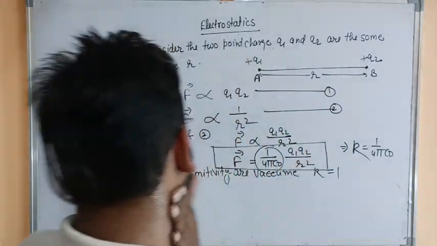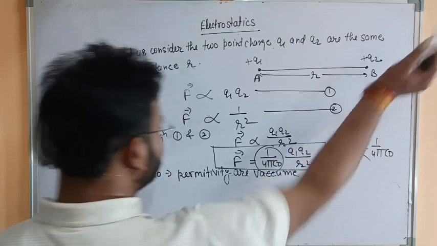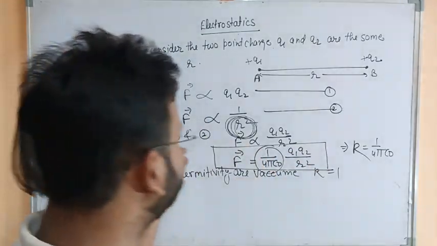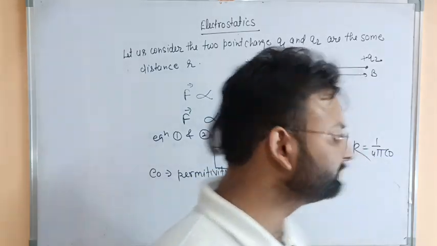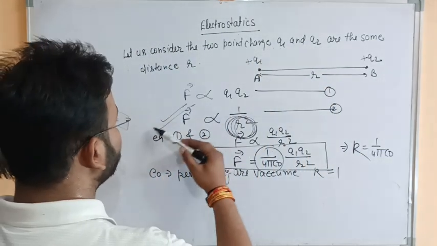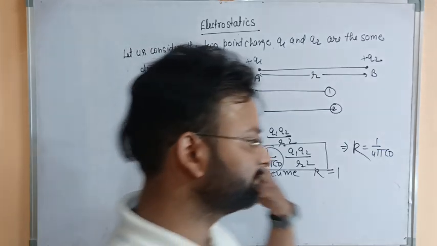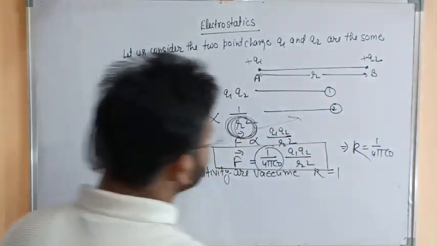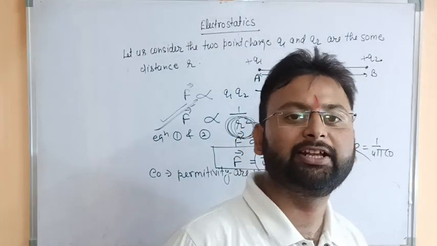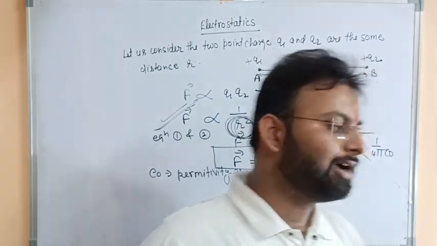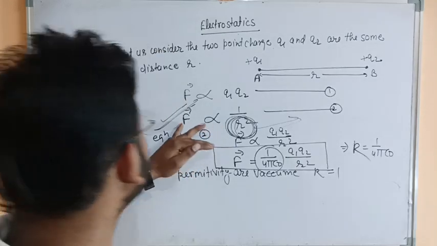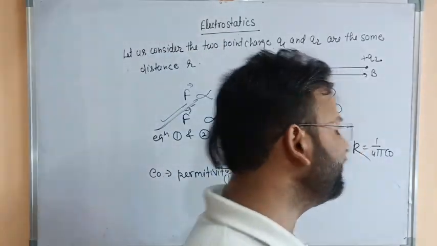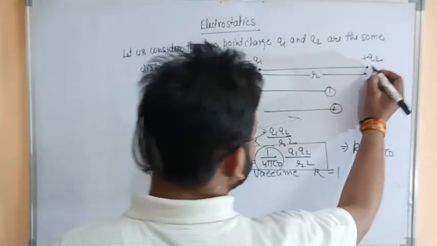The special theory of relativity says that if r is very small, then the value of F is very high, and if the distance r is very large, then the force is low. At this point, the special theory of relativity was developed.